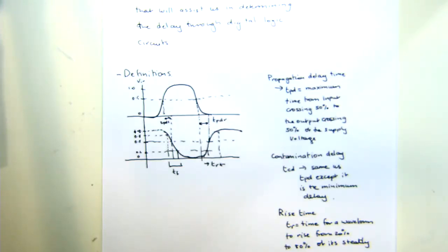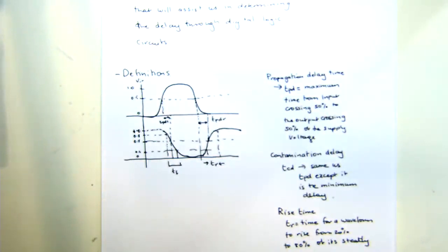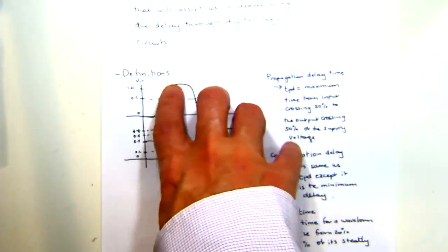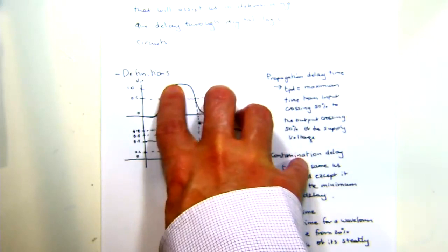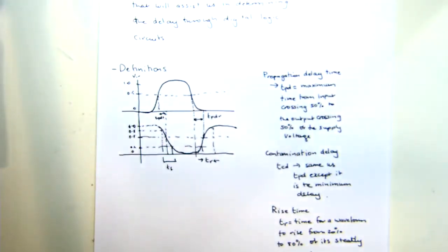Depending on how you've sized your transistors and the like, because you've got complementary pairs, a PMOS and an NMOS, you might find that the propagation delay is critically dependent on whether you're going from a 0 to a 1 transition or a 1 to a 0 transition, and the 0 to 1 transition might be a lot smaller than the 1 to 0 transition, as an example.